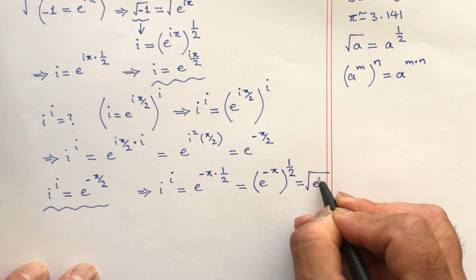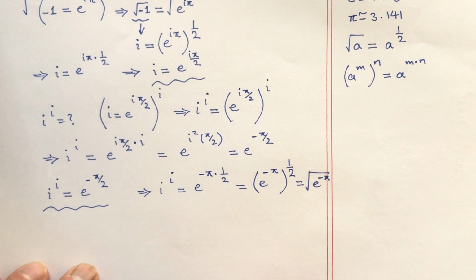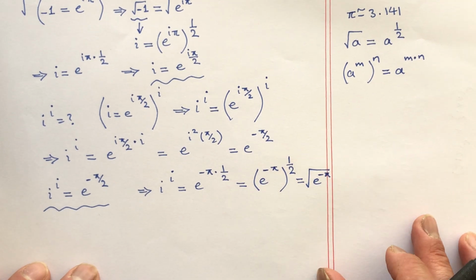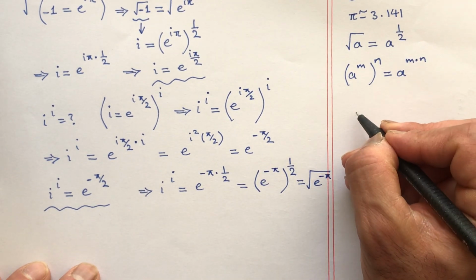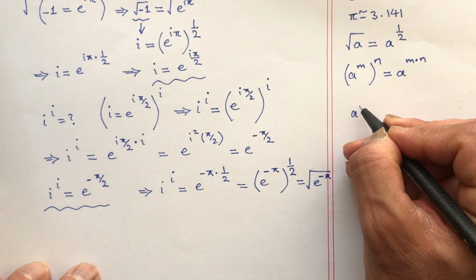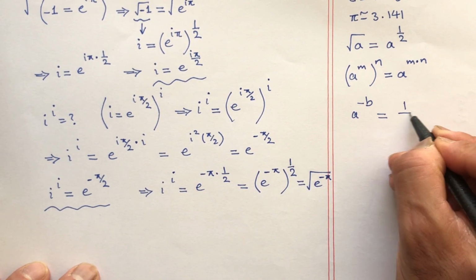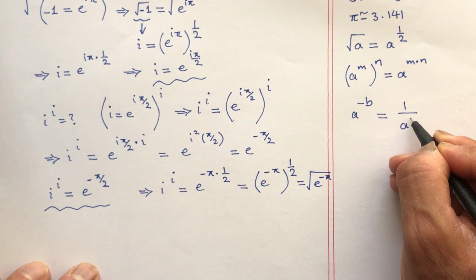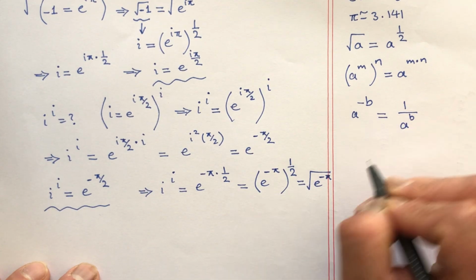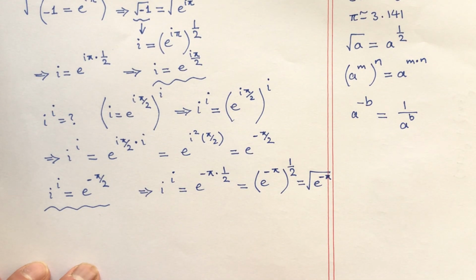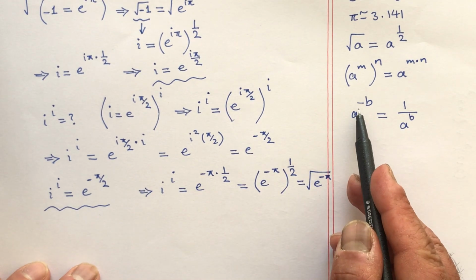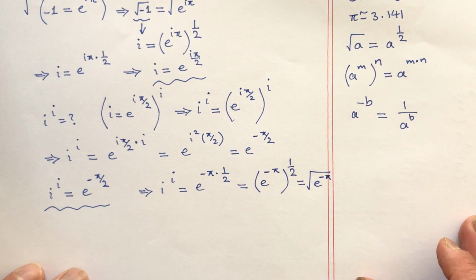So e to the power of minus pi, and a to the power of minus b equals 1 over a to the power of plus b. A minus in the power means the reciprocal with the power in the denominator.